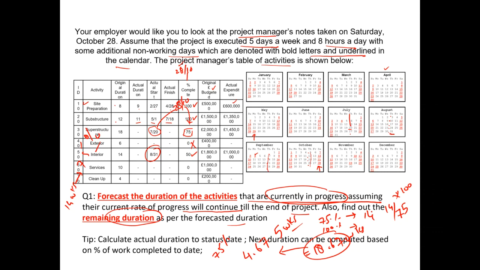So any guess on how long it will take us to complete this activity? We have taken 8 weeks to deliver 50% of the work, right? So it will take another 8 weeks to completely deliver this activity.